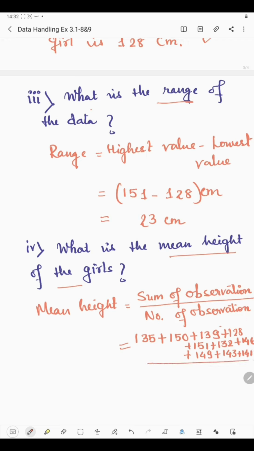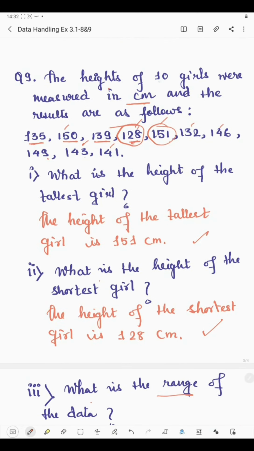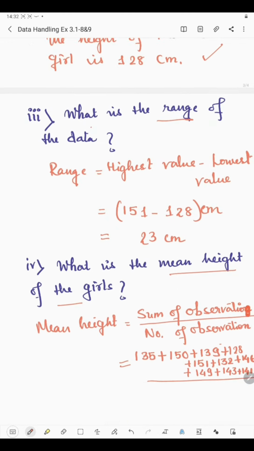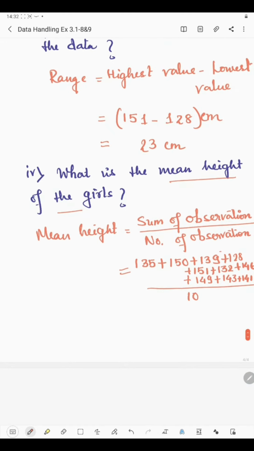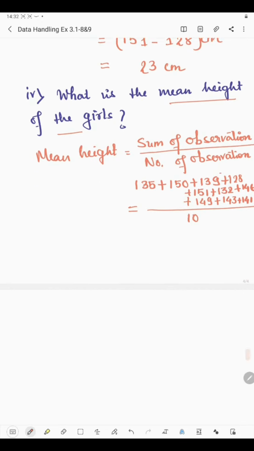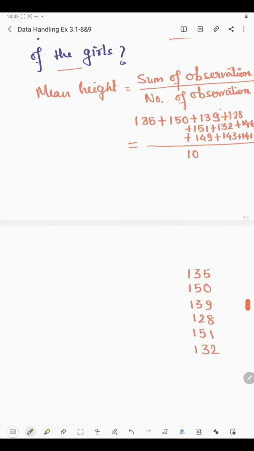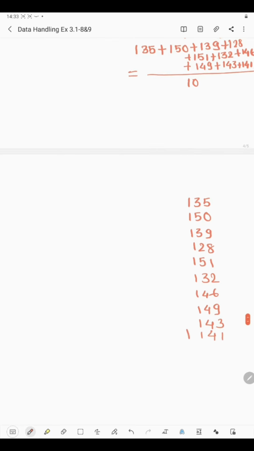Now we will divide by the number of observations. Instead of counting all this, here it is already given as 10. So it will be divided by 10. So find the sum of all of this and then divide by 10 to get the mean. So it's 135 plus 150 plus 139 plus 128 plus 151 plus 132 plus 146 plus 149 plus 143 and 141. So add all this.